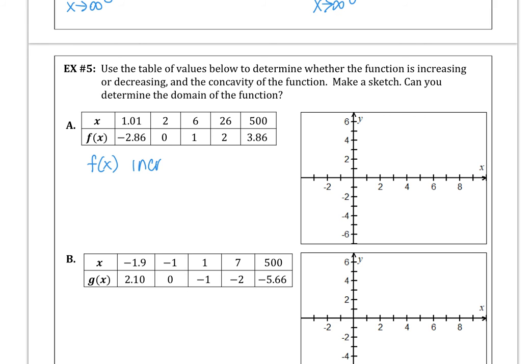It's an increasing function. That means the rate of change is positive. It's going to be concave down. That's telling us the rate of change is decreasing.